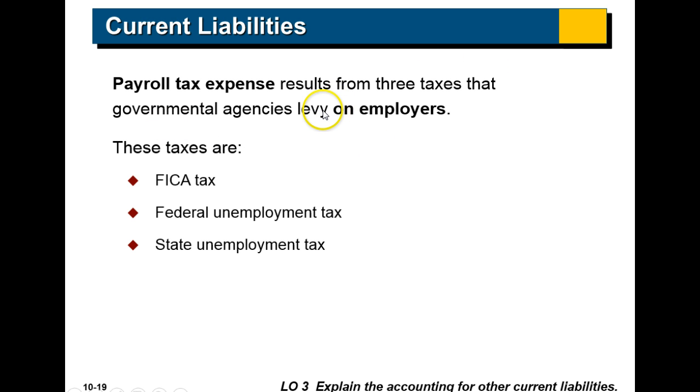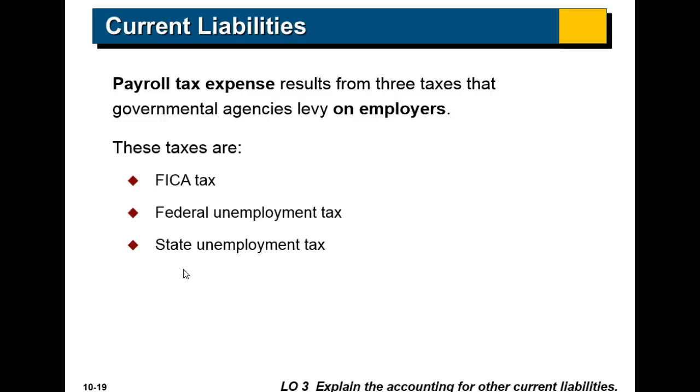You're seeing what's getting taken out of your check. Well, the employer has to match that FICA they took out of your check. Plus, in addition, they need to pay federal unemployment and state unemployment taxes. How many of you have ever known of someone that is either laid off or the company closes and they collect unemployment from the state?